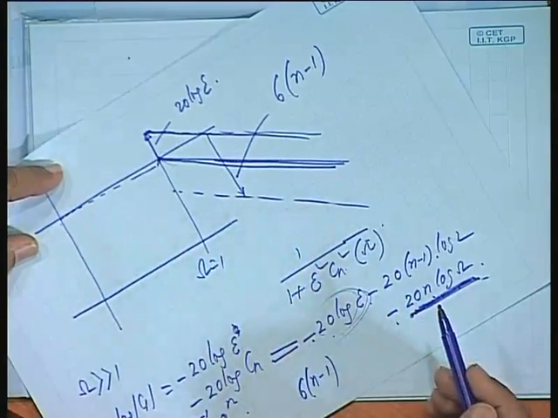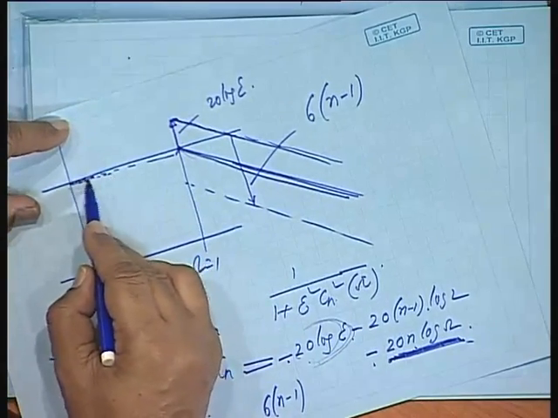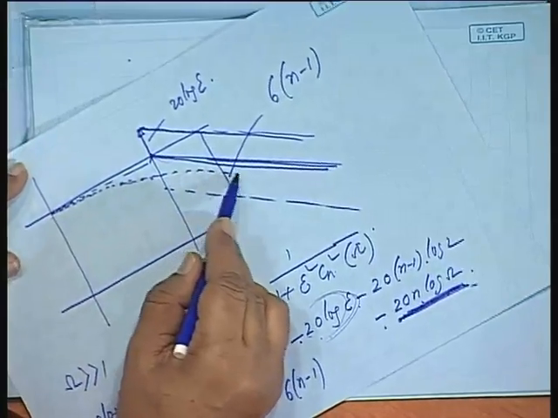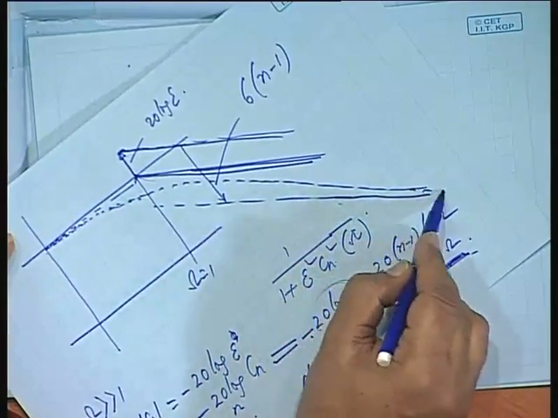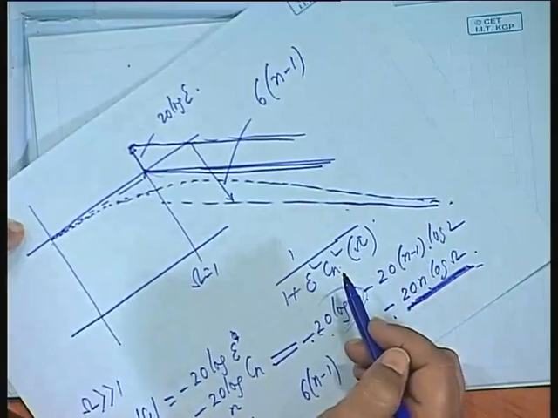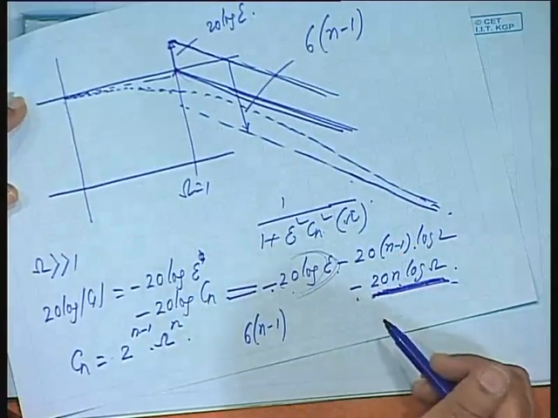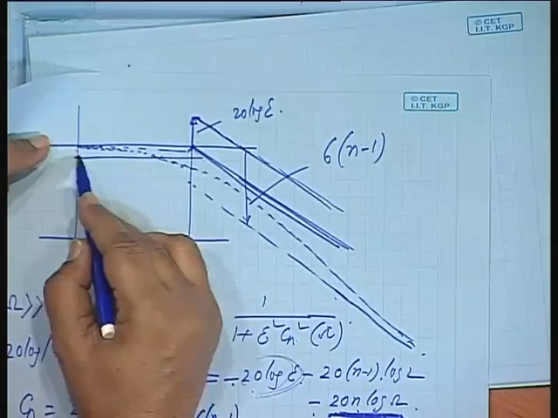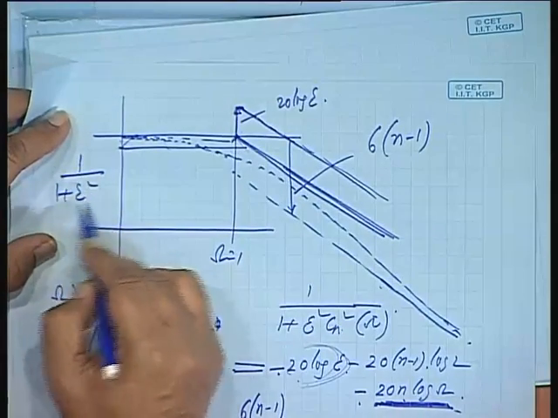So the Chebyshev polynomial will be generating a function which should follow this curve asymptotically. From there you can find out n. Epsilon is formed from the ripple width. The ripple width is 1 by 1 plus epsilon square, that we have seen.